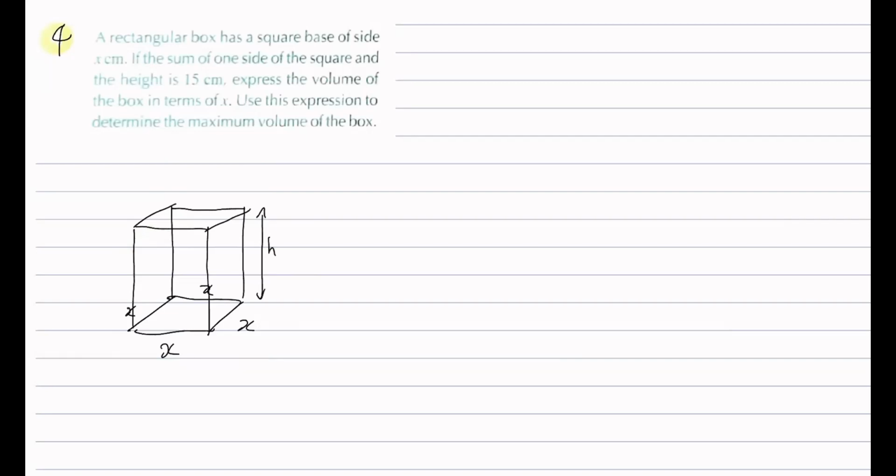What does sum here refer to? Sum. Plus, minus, times, or divide? Must be a plus. So sum of what and what? One side of the square. So that's x plus h equals to, what's the only number you see? Right, Tess, can you hear me?